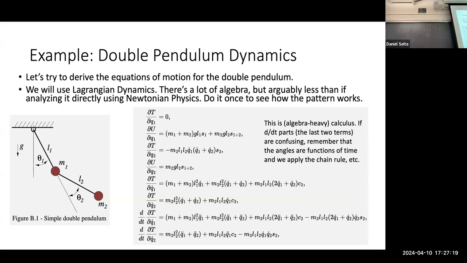And then you have C2, which is cosine of Q2. So this is the only thing that is a function of Q2. You have the Q2 dot, but that's a different variable.